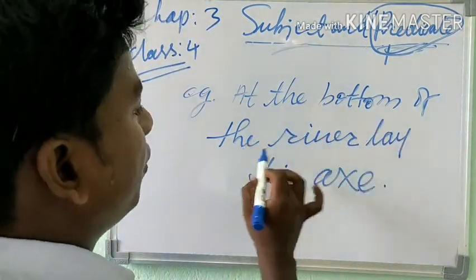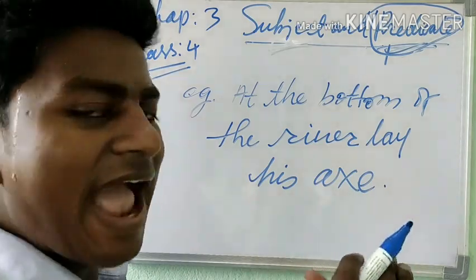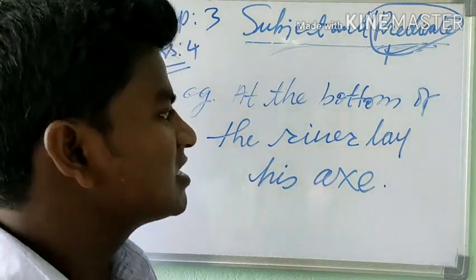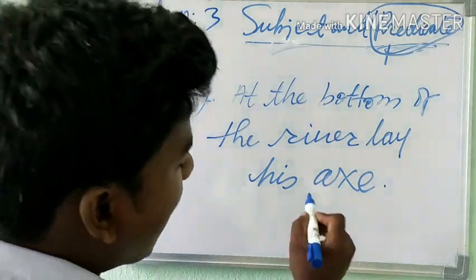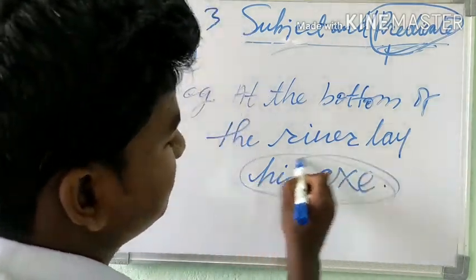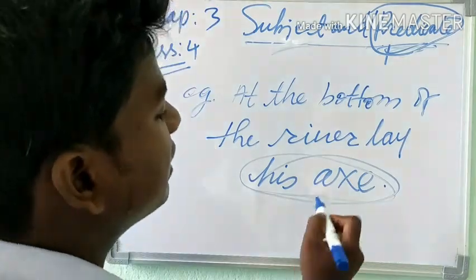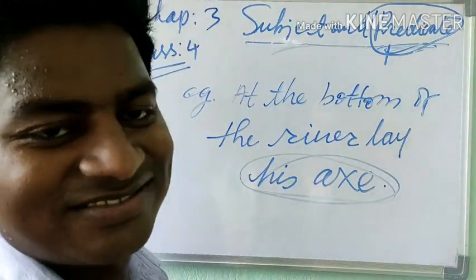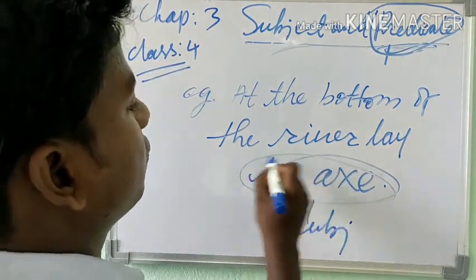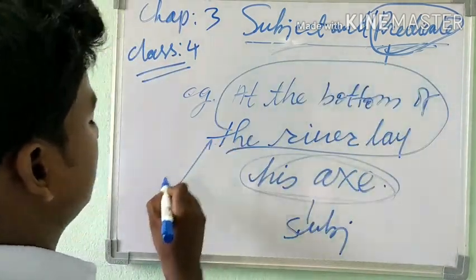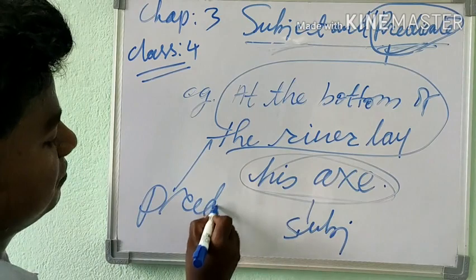At the bottom of the river lay his axe. So what is laying at the bottom of the river? His axe. So the sentence is about his axe. So this is the subject, and the rest of the part is predicate.